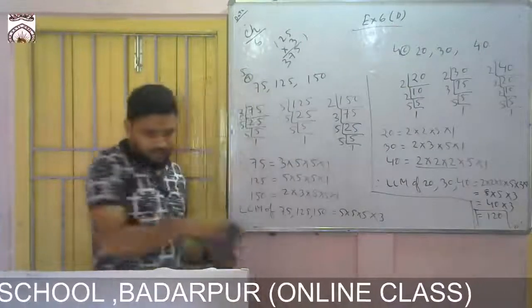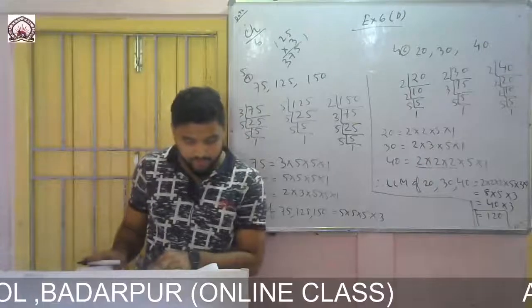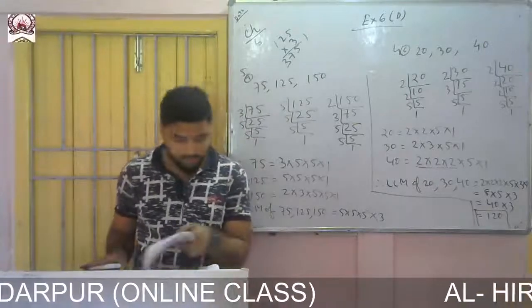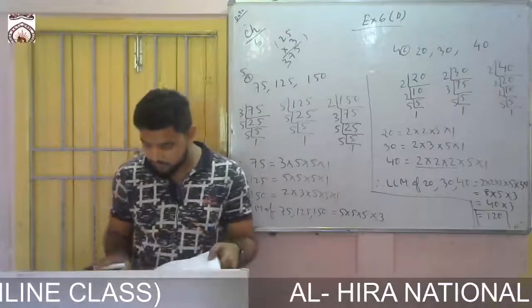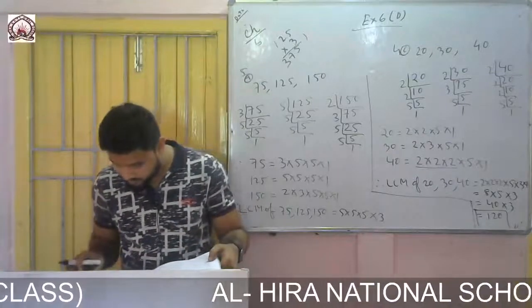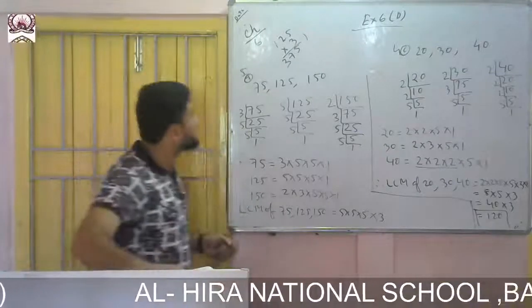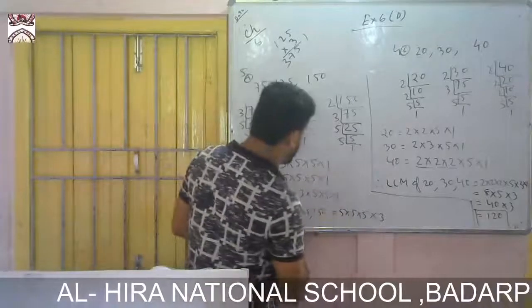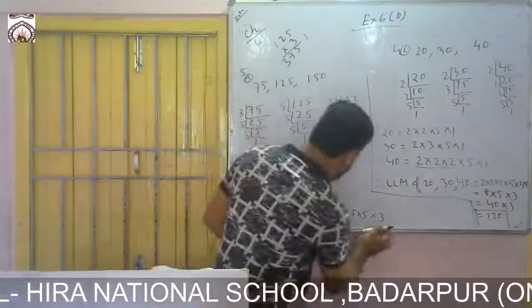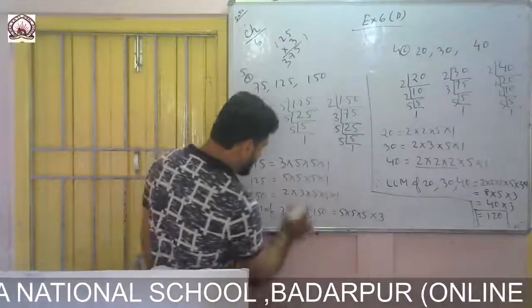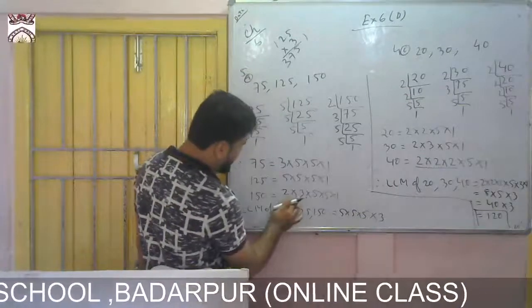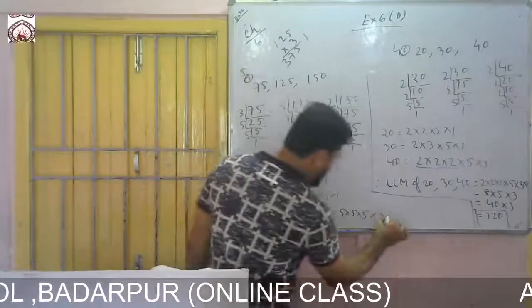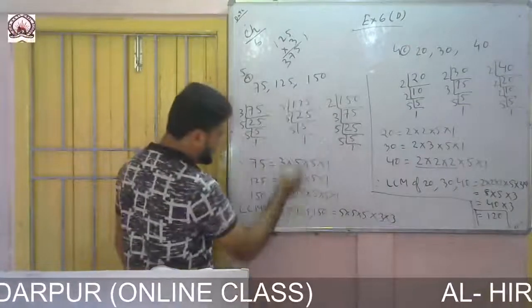Question number 5A, but there is something wrong. We took 5 from there, and 3 here one time. So we need to take again 3, because 3 is not repeating in every case.